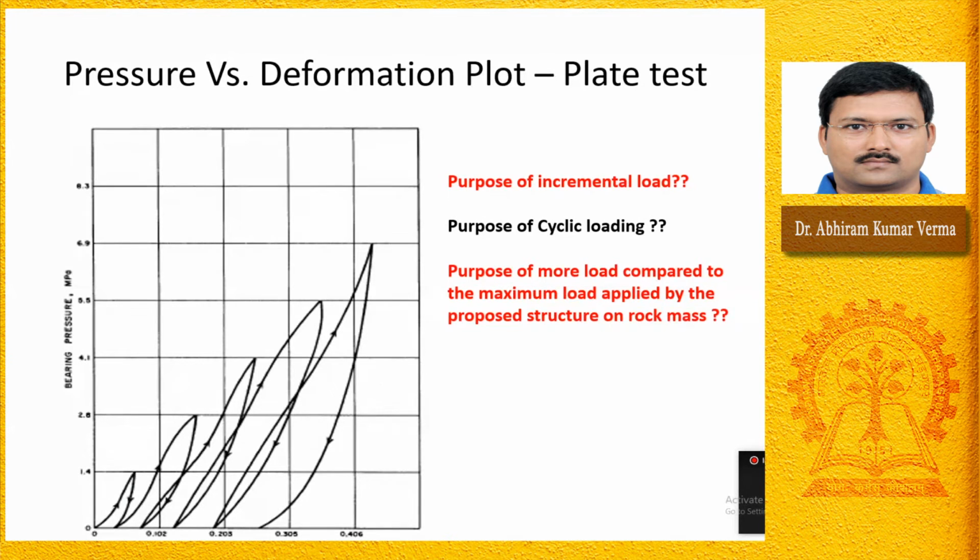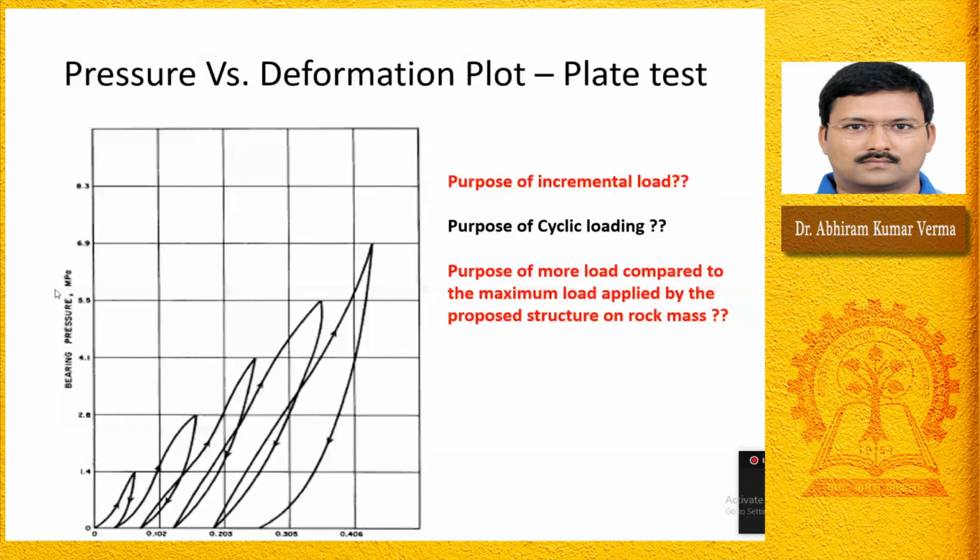Now you see, as I told you, we can have different loading cycles, and we have to follow about 5 different cycles. You see, in the first curve, it is going up to 1.4 megapascal.